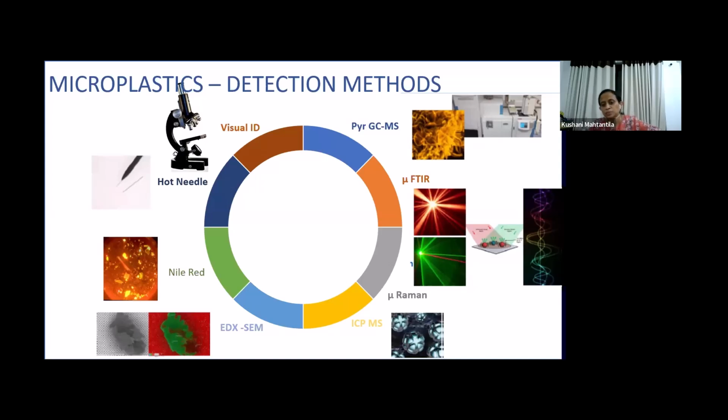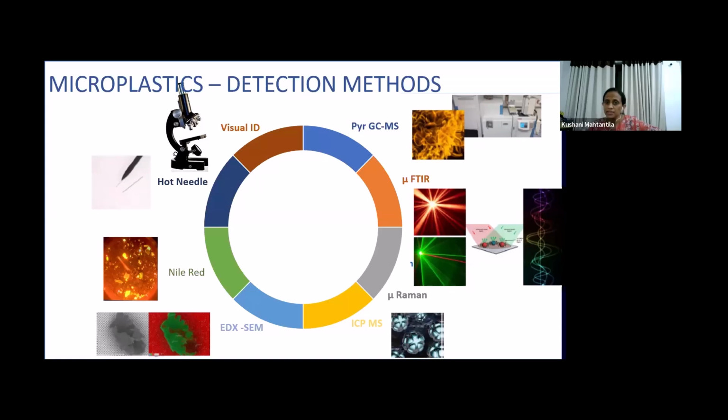And as spectroscopic methods, micro FTIR and micro Raman spectroscopy have been developed to analyze microplastic, and pyrolysis GC-MS, which means there is a pyrolysis column to melt and volatilize the particle.